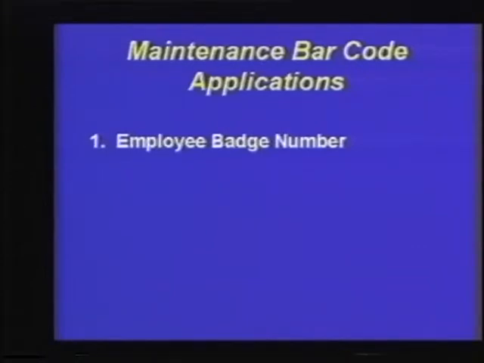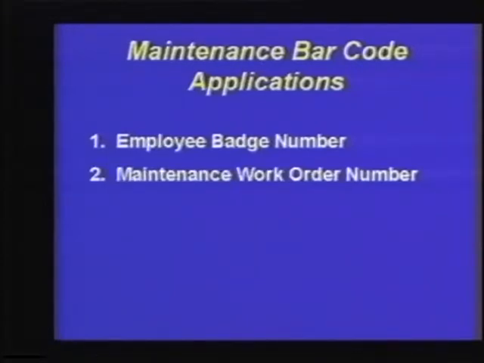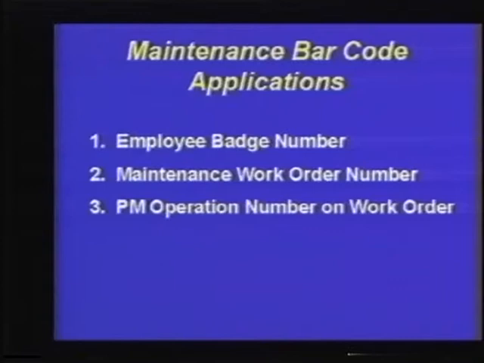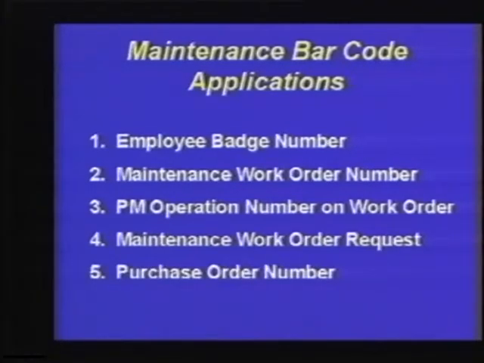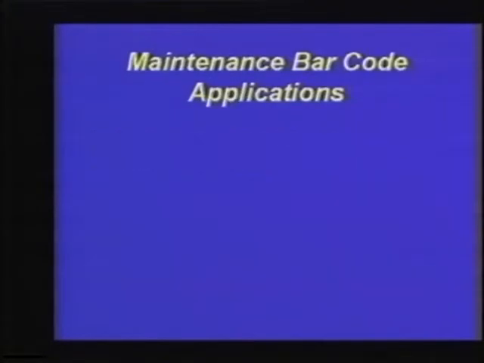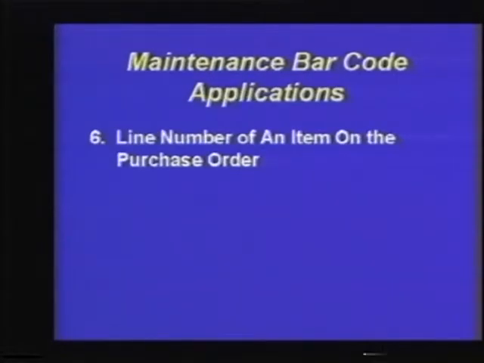2, the maintenance work order. 3, the PM operation number or work order. You could have both. 4, the maintenance work order request. That's a request form. 5, the purchase order number. 6, the line number on a purchase order where you have 2 or more items on the purchase order.